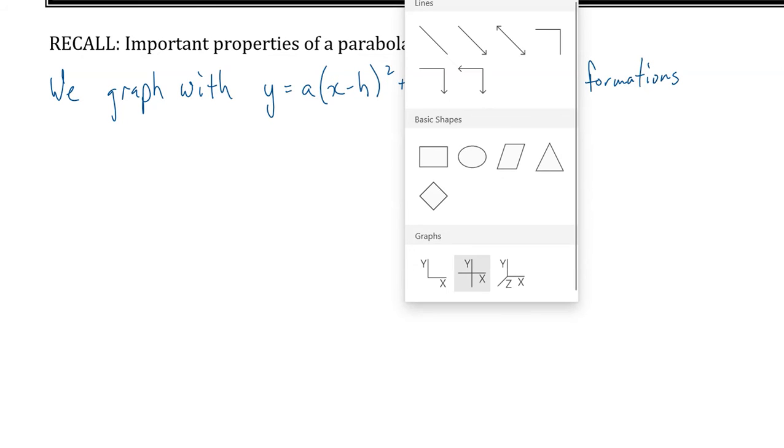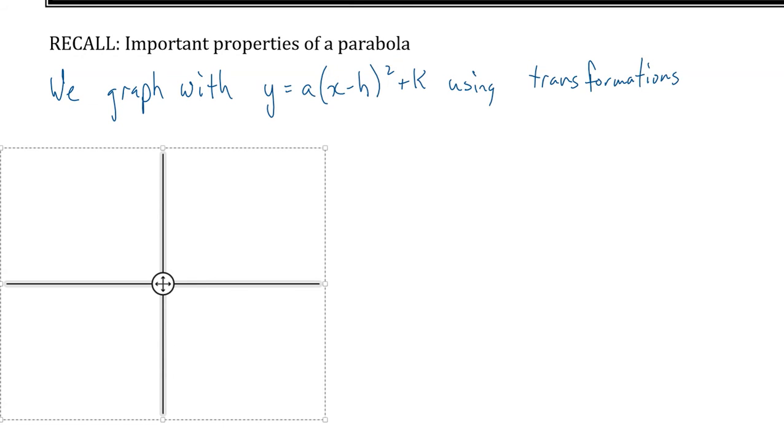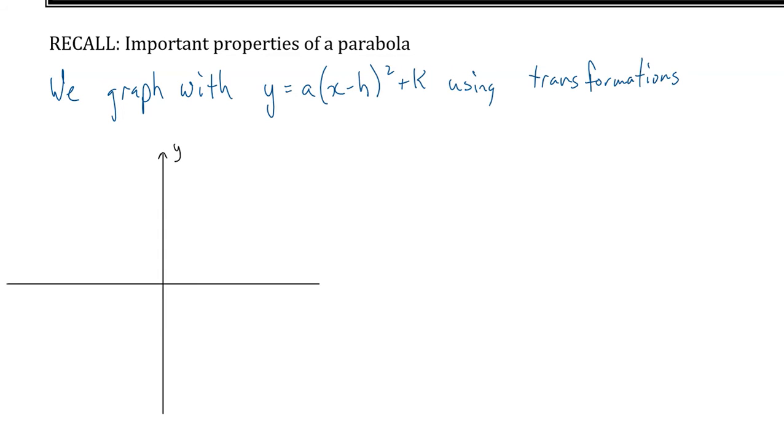When we sketch, you don't necessarily have to do this for your notes if you don't have a ruler handy, but your axes should be drawn with a ruler, so they should be straight. Okay? We do label x and y. I'm just kind of randomly drawing a parabola that opens downwards.